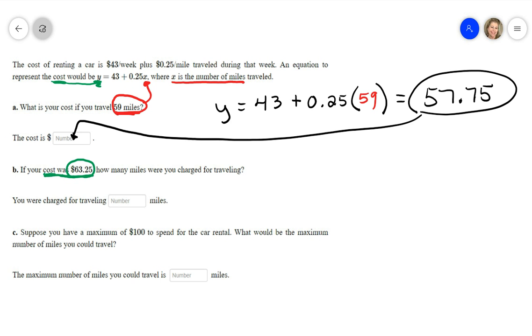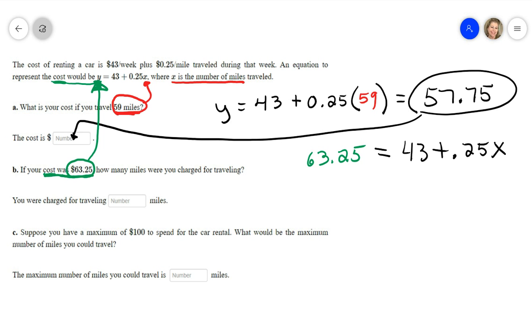So you're going to stick this $63.25 where the y is. So now I'm going to have 63.25 equals 43 plus 0.25x.